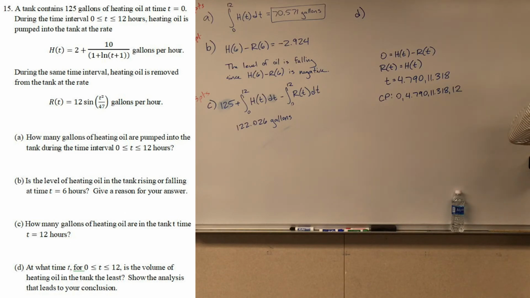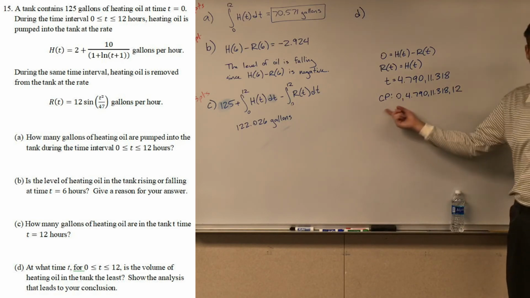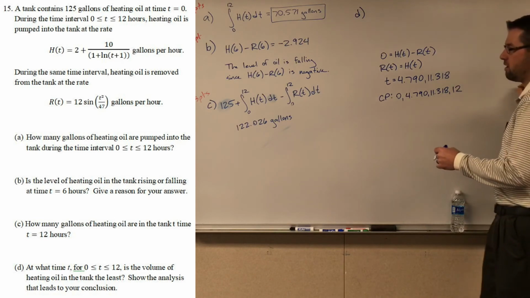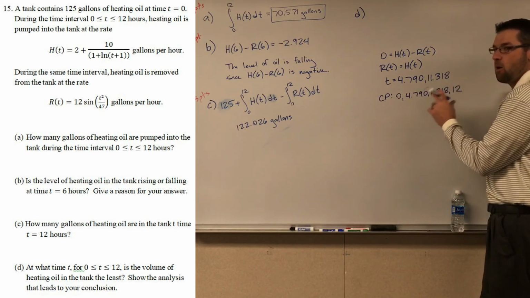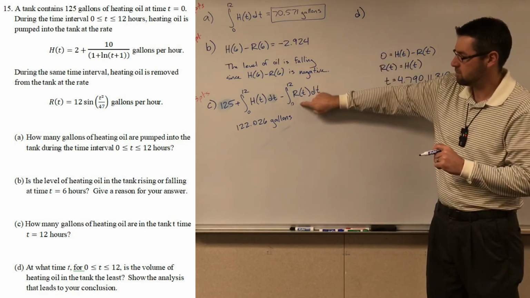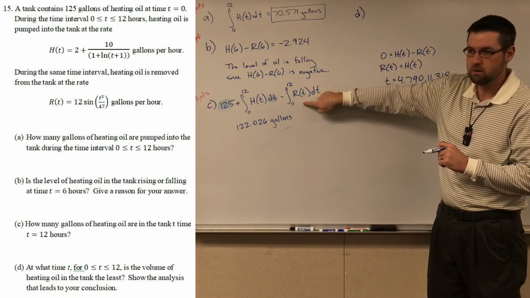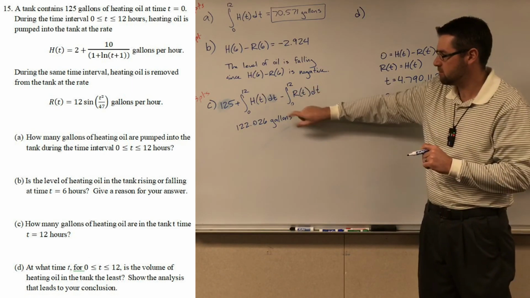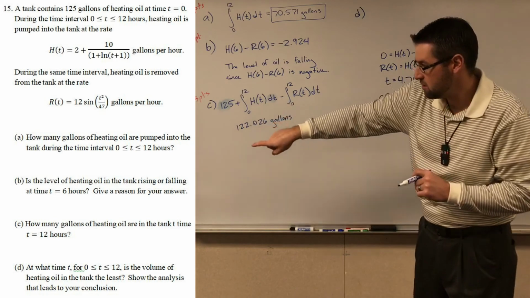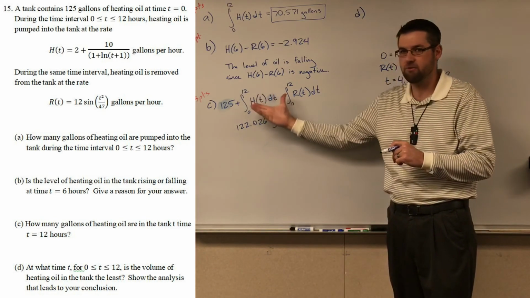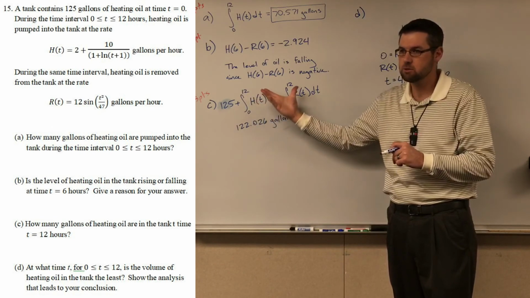So what's the best way to go about it when you want absolute? You just plug all these in to figure out which one produces the least amount, right? So what equation would I plug these into to figure out the amount of oil? This guy, right? Because this is the amount of oil at what point? Part C said, how many gallons of heating oil are in the tank when t equals 12? So this is the amount of oil in the tank when t equals 12.